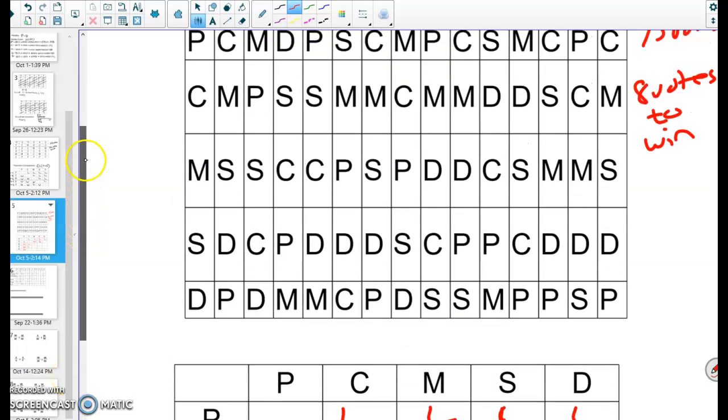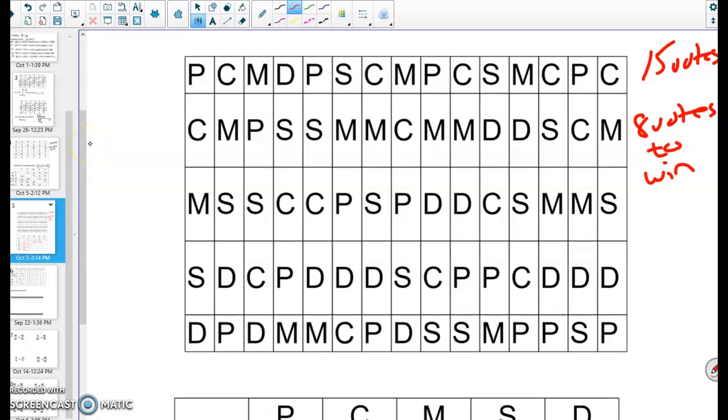Finally, C versus D. 1, 2, 3, no. 4, no. 5, 6, nope. 7, nope, nope. But 8. Once it hits 8, there's your winner.